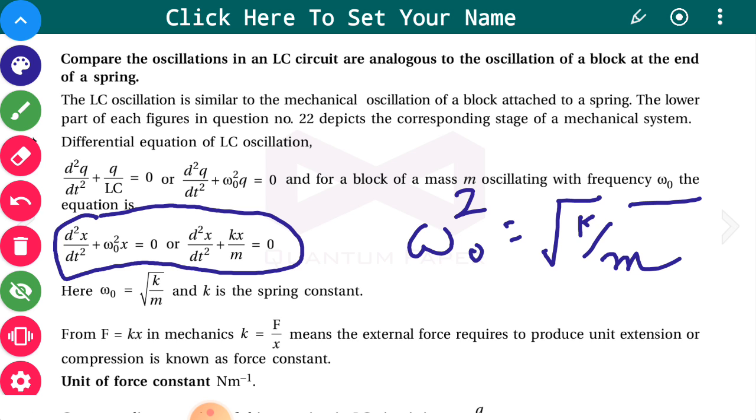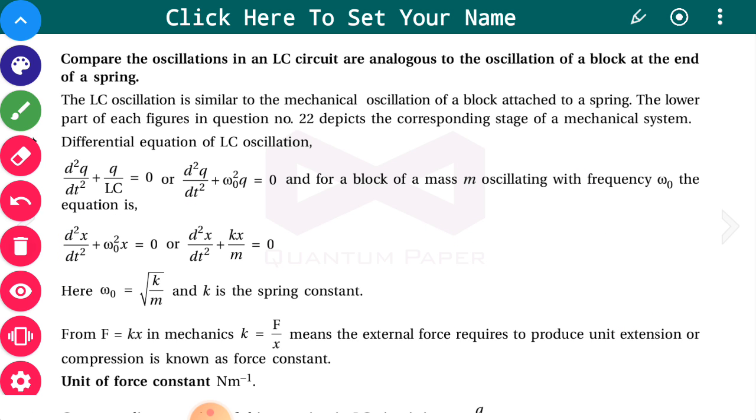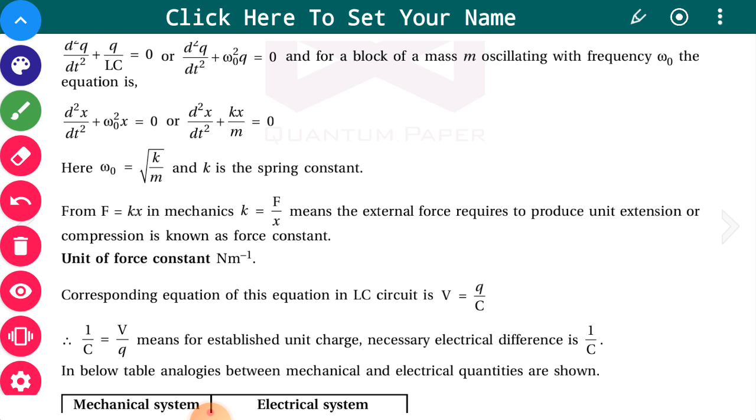Or we can say omega 0 is equal to under root k upon m. So these were the equations which we have already discussed in our 11th standard.